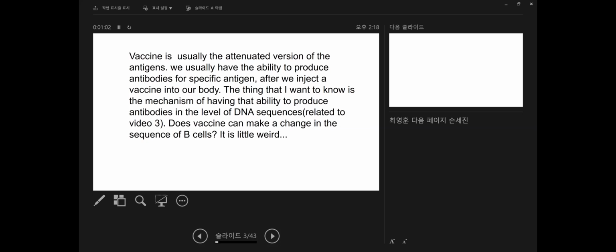Innate is just blocking against all bacteria or all viruses, a general attack, or just enzymes to break them down. Now for a specific antigen, we want a specific treatment. That's adaptive immunity, and antibody is representative of adaptive immunity.